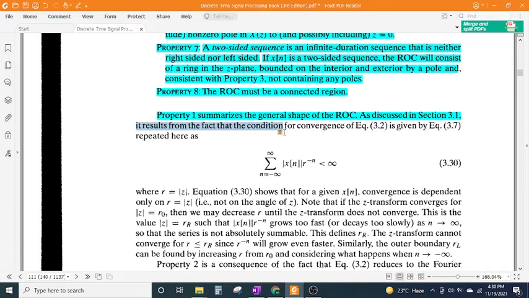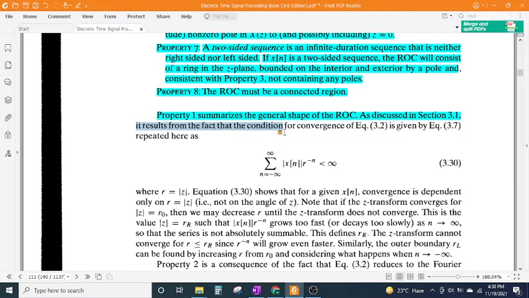Note that if the Z-transform converges for |z| = r0, then we may decrease r until the Z-transform does not converge. This is the value |z| = r_R such that |x[n]| r^(-n) grows too fast, or decays too slowly, as n goes to infinity, so that the series is not absolutely summable. This defines r_R. The Z-transform cannot converge for r < r_R since r^(-n) will grow even faster. Similarly, the outer boundary r_L can be found by increasing r from r0 and considering what happens when n goes to minus infinity.